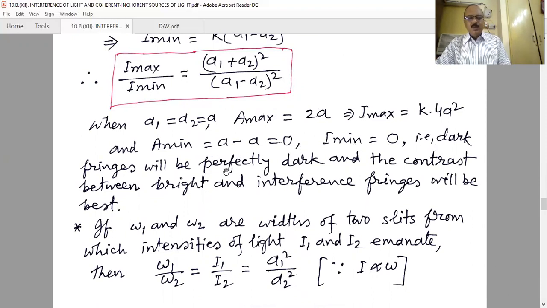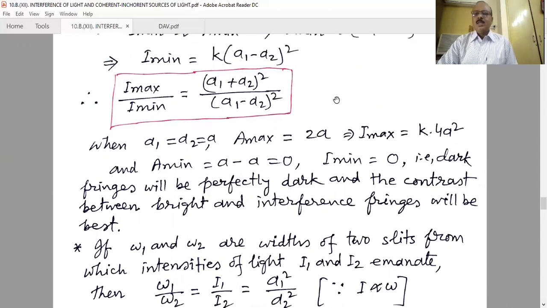That is, the dark fringe will be perfectly dark, and the contrast between bright and dark interference fringes will be best. That means when the amplitudes of the two waves meeting at that point are the same, at the destructive interference place the resultant amplitude will be 0. Therefore, I minimum will be 0.